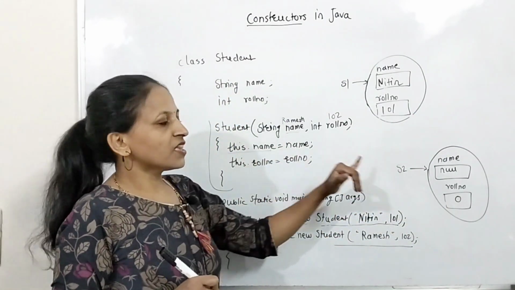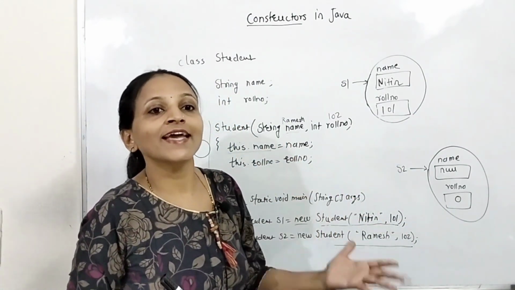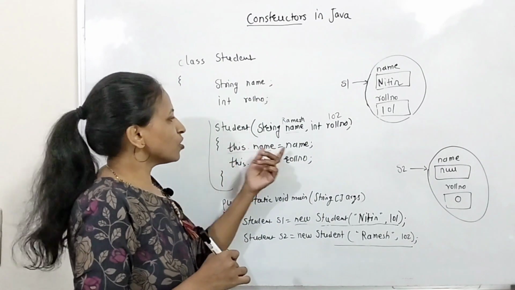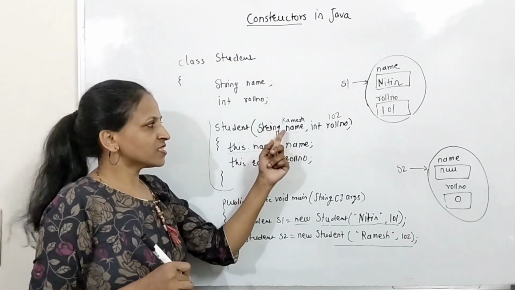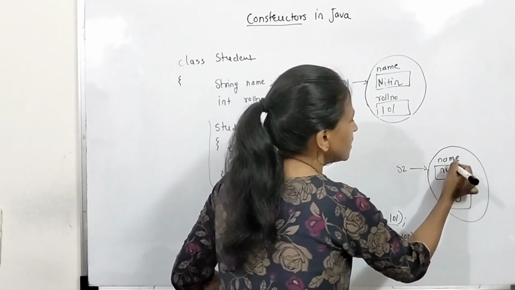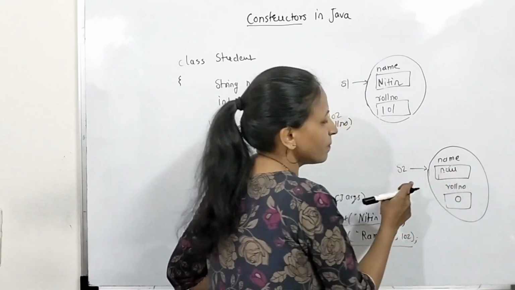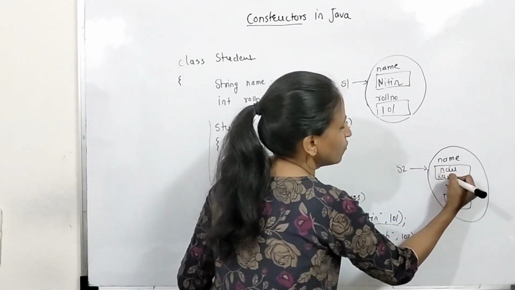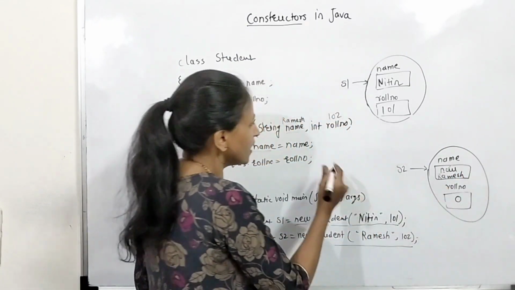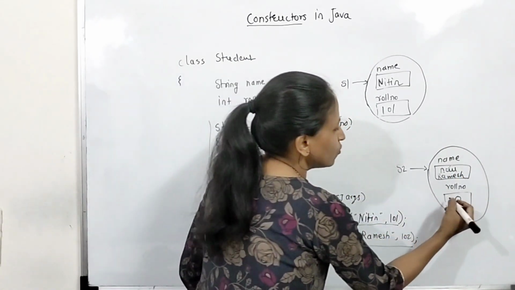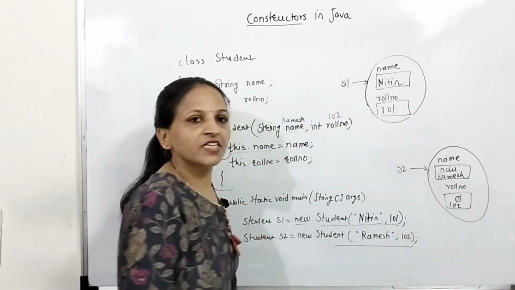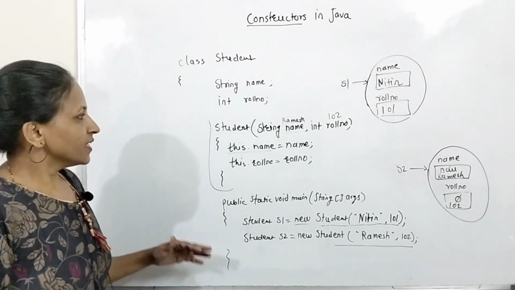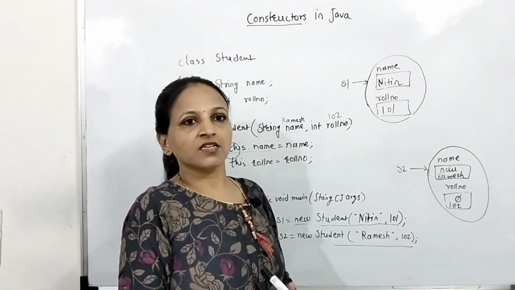This.name is nothing but s2.name. Getting? Now s2.name equals name. Name is nothing but Ramesh, that will get replaced here at the place of null. For name, the value Ramesh will be assigned, and for rollNumber the value 102 will be assigned. In this way the working is. Getting? This is the concept of constructor.